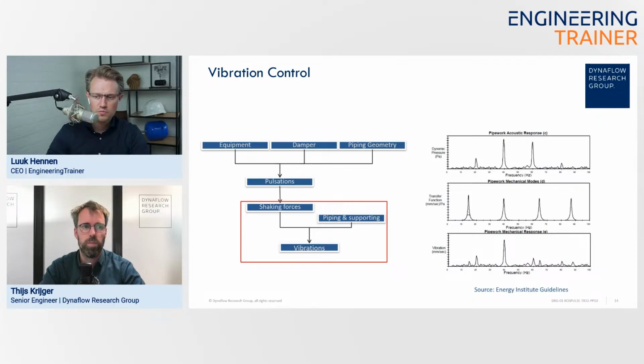And then you can look at the response: okay, so these shaking forces, if I apply them harmonically to my piping system, what will be the displacements? Right. But we also have coupling with ANSYS now, so we can also do the mechanical analysis of the response of the system to the forces within our own software.